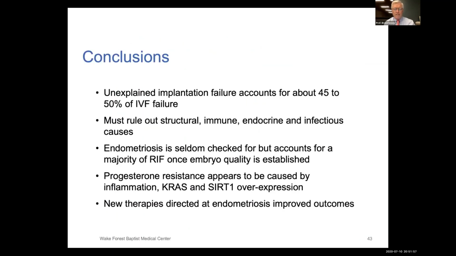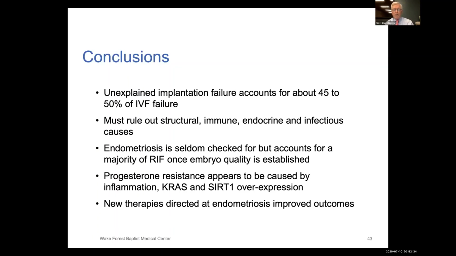So I hope I've given you something to think about today, that endometriosis doesn't affect everyone equally, and that having biomarkers of endometrial receptivity will probably be the way in the future that we can differentiate patients who need treatment and avoid IVF failure. Most importantly, we rule out structural, immune, endocrine, and infectious causes, but we recognize that endometriosis without endometriomas is often not evaluated because laparoscopy is less frequently performed.